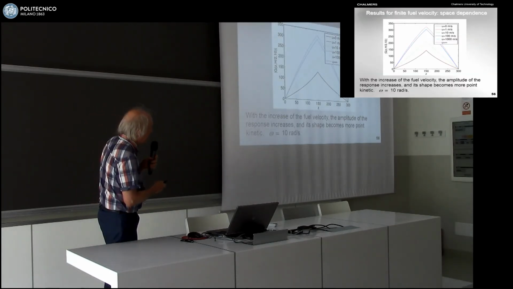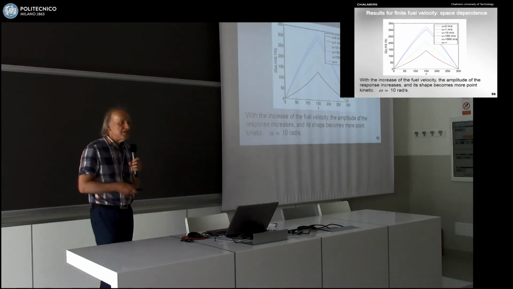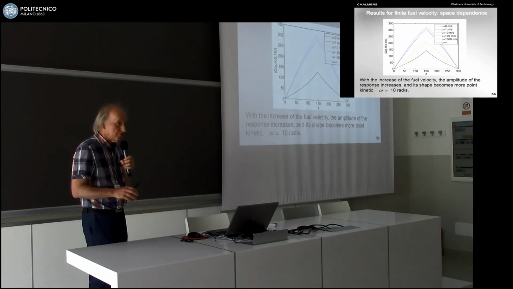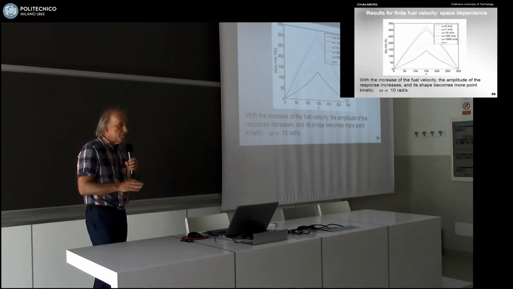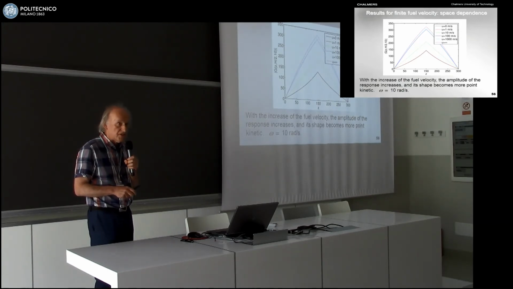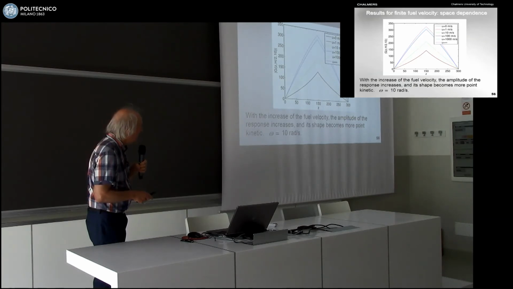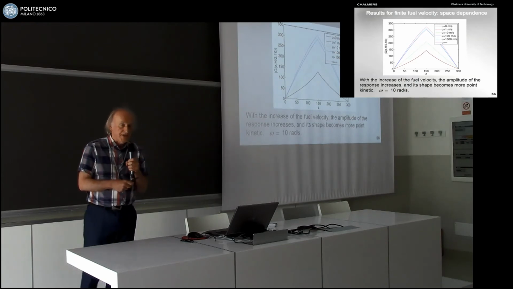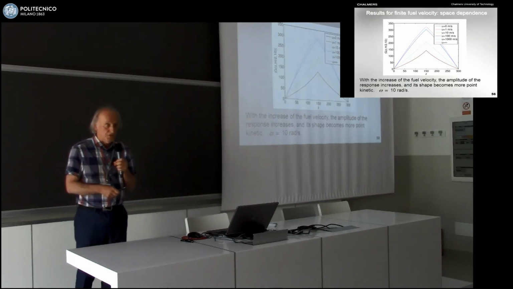I have another picture which shows how the situation changes in a molten salt reactor. Now, this is only a molten salt reactor, the same reactor, and the only parameter which changes is the velocity. This one corresponds to the Green's function in this reactor with static fuel, no moving.